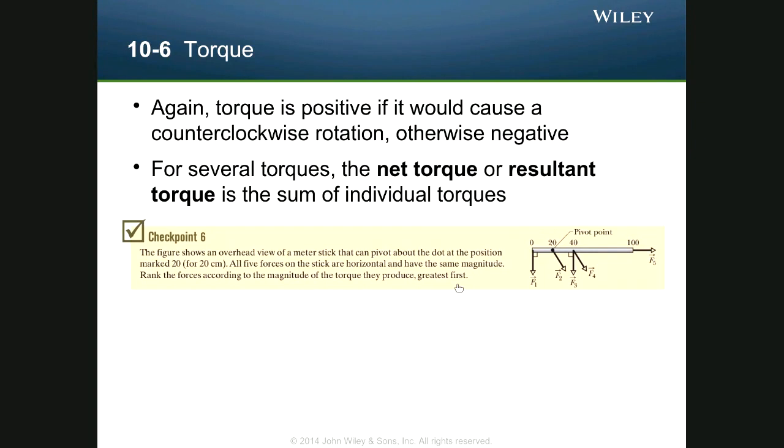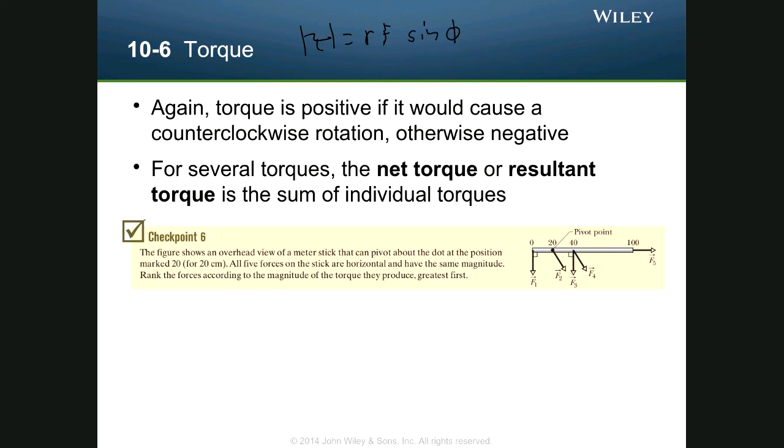Okay, so I guess we're looking at a bird's eye view. That's what they mean about horizontal, because clearly they're in different directions. So let's take a look at which one of these gives the greatest torque. You want to recall the equation they give us for torque: the magnitude of the torque is equal to R F sine phi.